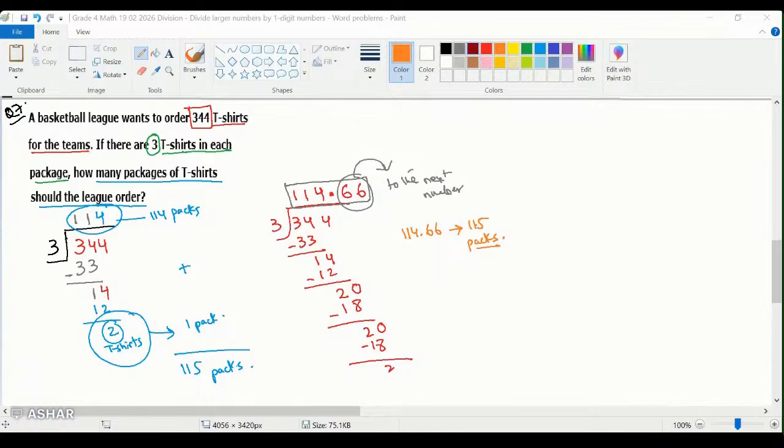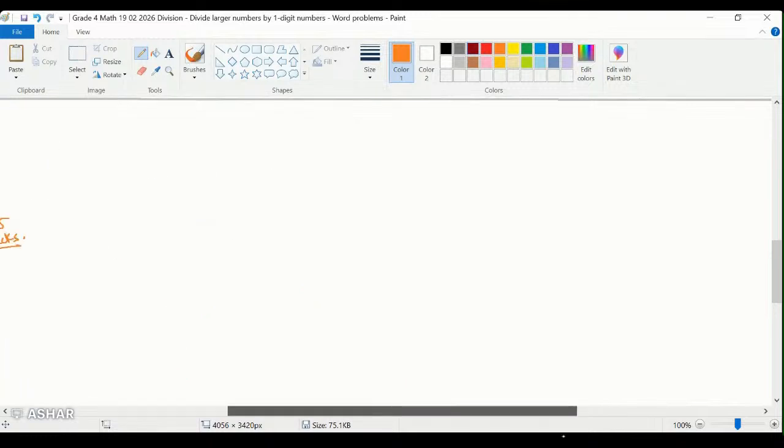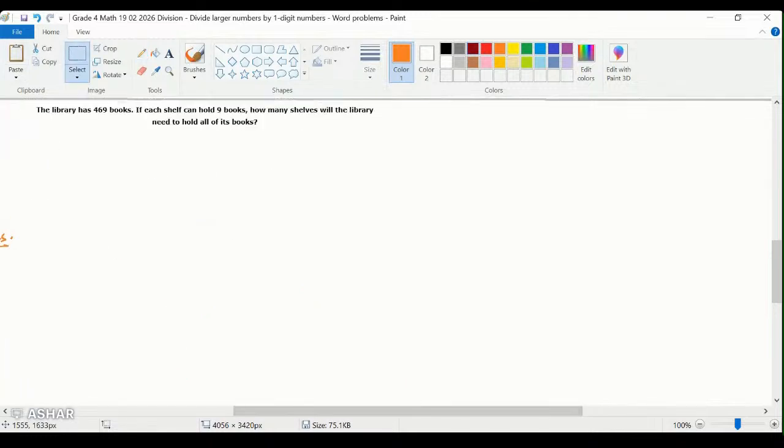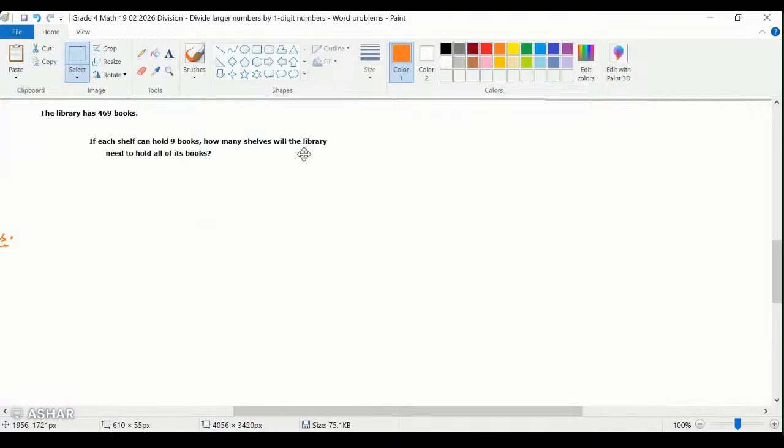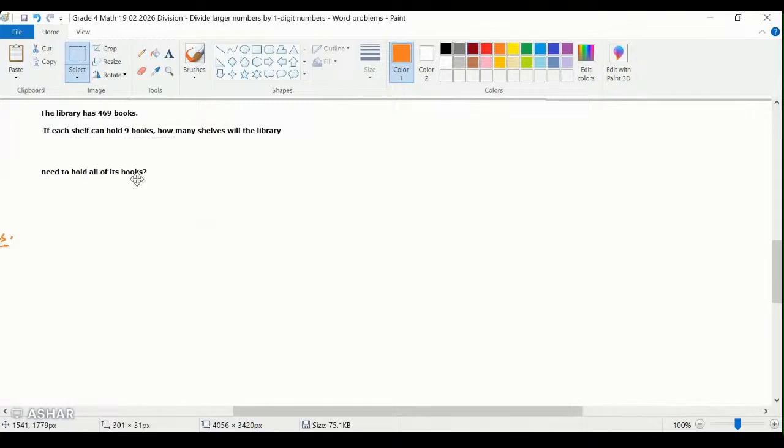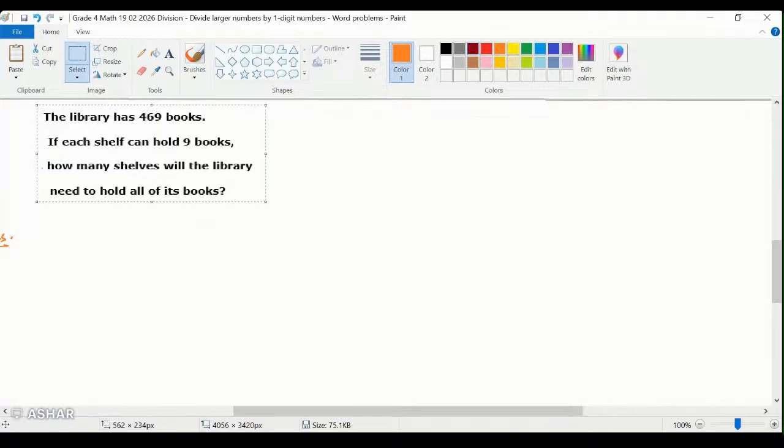Okay. Let's try another question. Let's see what else we can do for the next question. Okay. The library has these many books. If each shelf can hold 9 books, they're asking us how many shelves should be there.